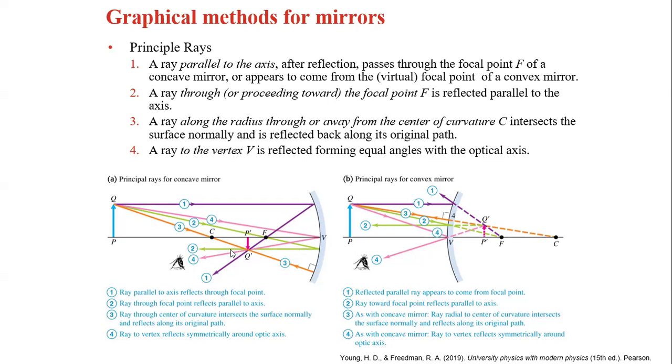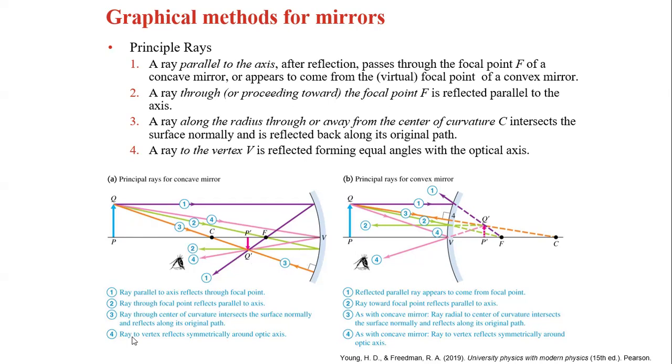The third one is the ray through the center of curvature, which intersects the surface normally and reflects along its original path.